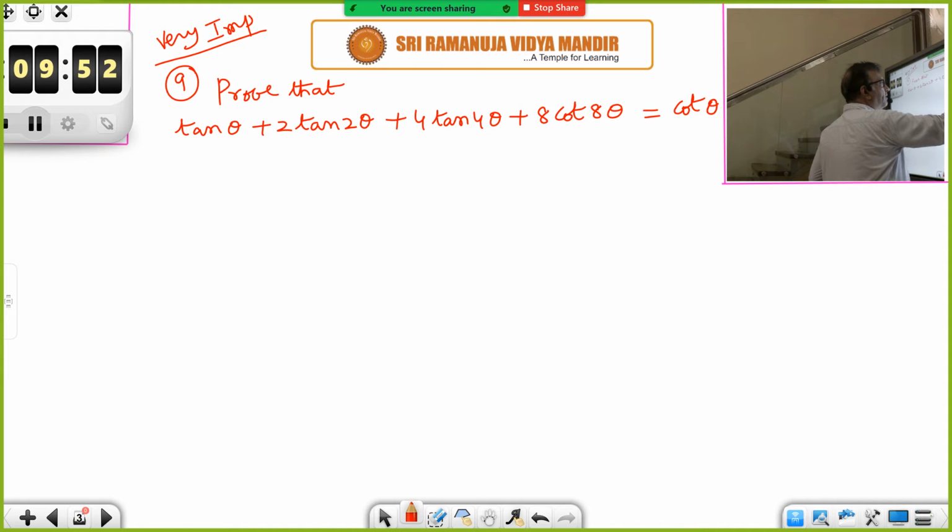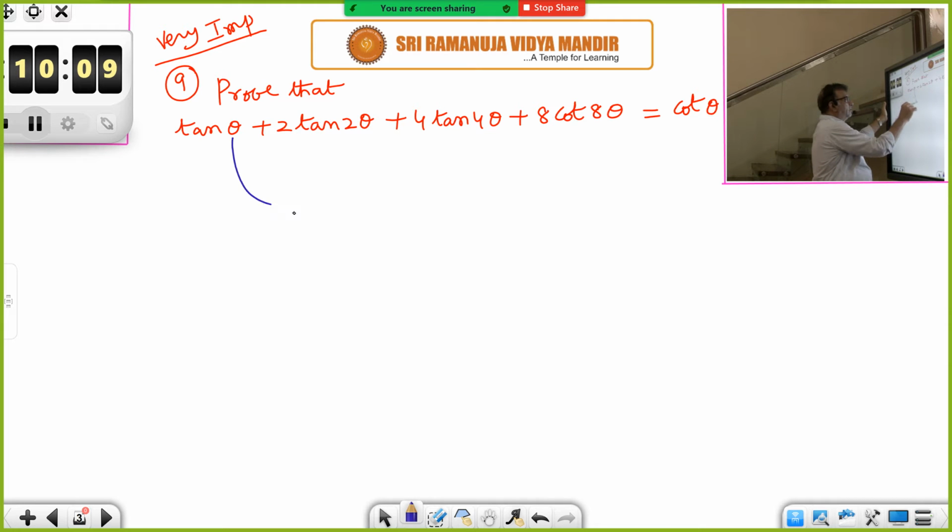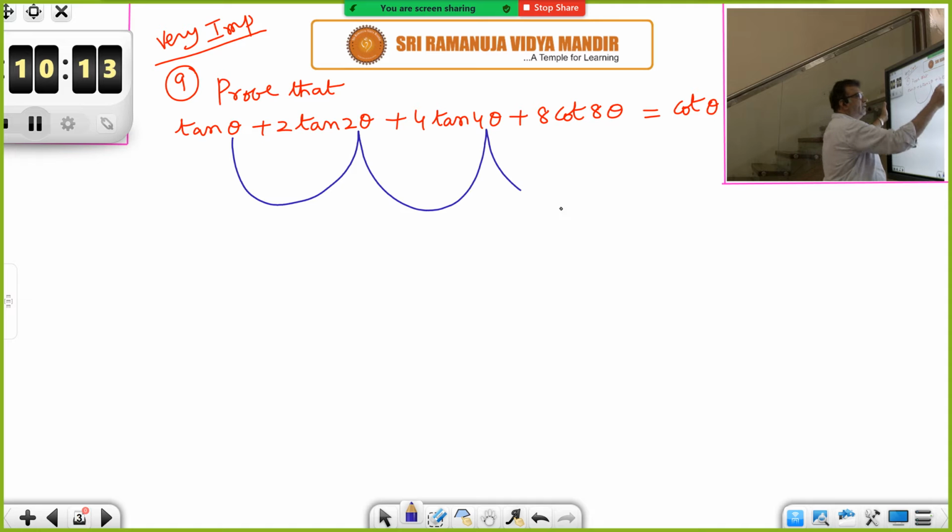Say, students, please, this is an important problem. Please look at this problem. So, what can you say about the angles, or left hand side? Any comment on the angles? Theta, 2 theta, 4 theta, 8 theta. They are in geometric progression.